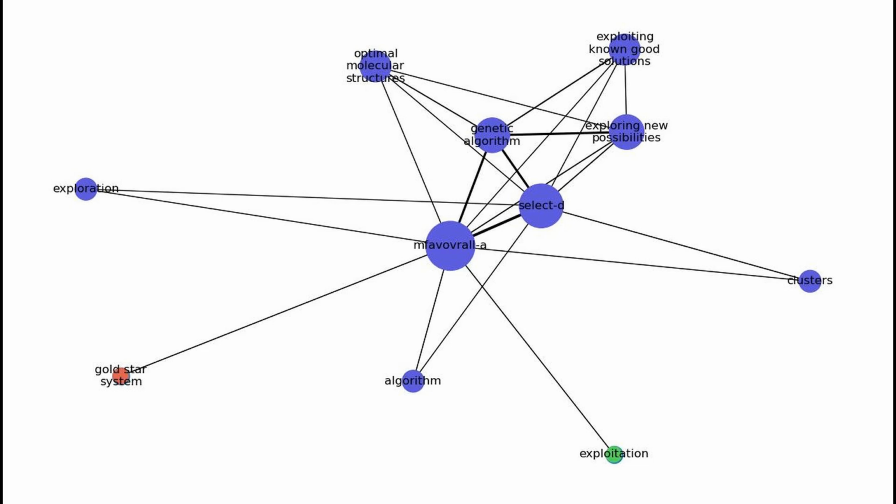In summary, MFavOvrAll-A and Select-D work together to ensure that the genetic algorithm is efficient. They promote a healthy mix of exploiting known good solutions while still exploring new possibilities, making the search for optimal molecular structures both thorough and effective.